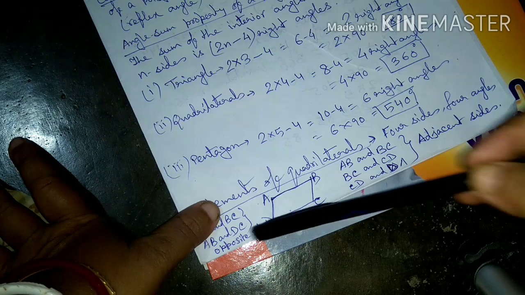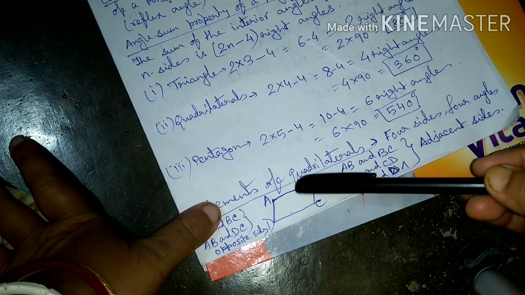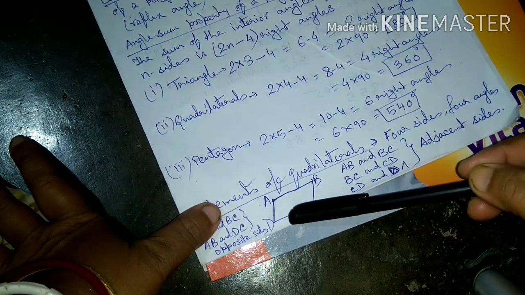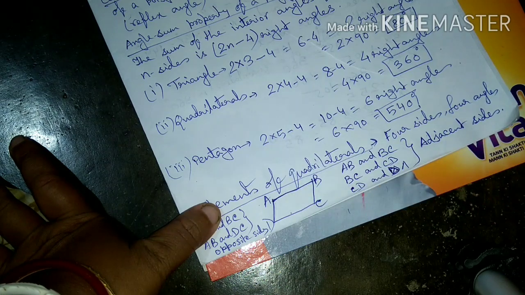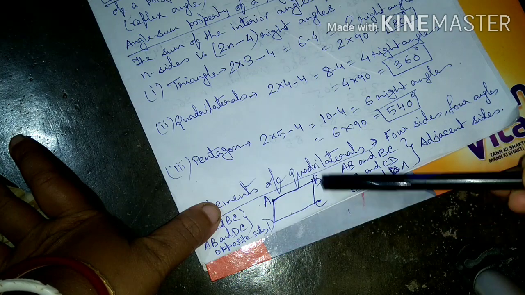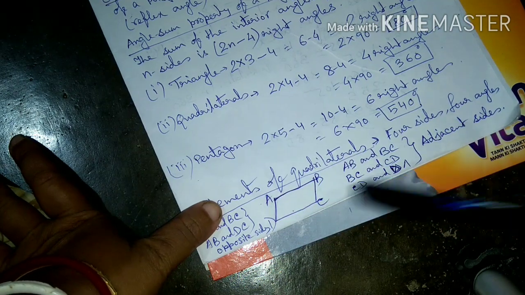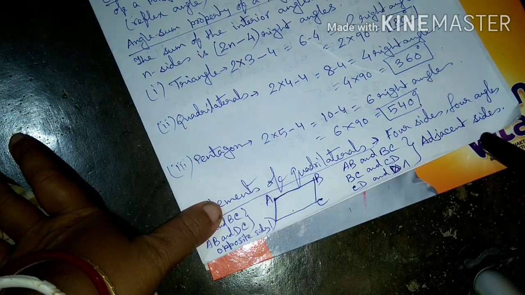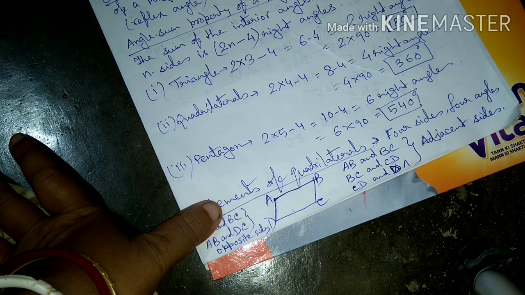Also there are opposite sides. What is called opposite side? Now you see AB and DC. These are opposite only. Face to face they are lying. AD and BC, they are opposites. So there are two types of side: one is adjacent side, another is opposite sides.